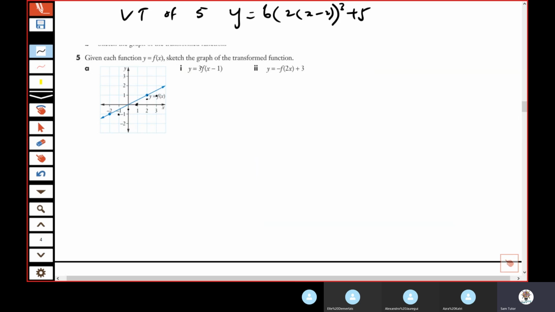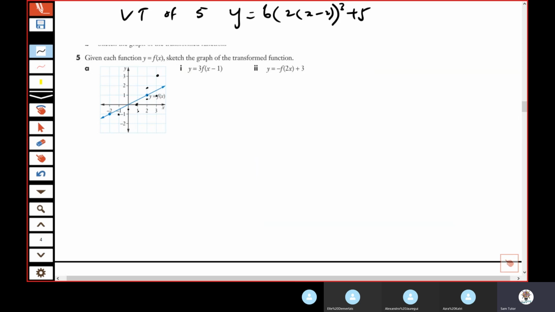Times it by 3. What does that do? That multiplies all of your y values by 3. So instead of it being at 1, it's going to now be at 3. Instead of it being at 0.5, it's going to be at 1.5.